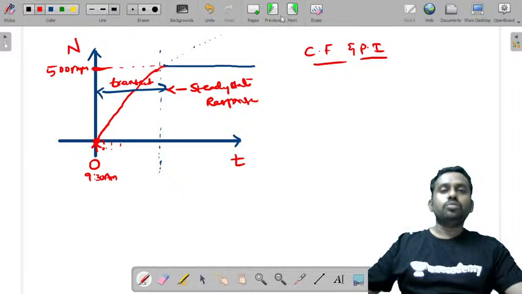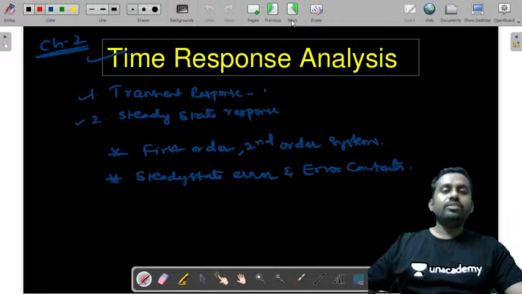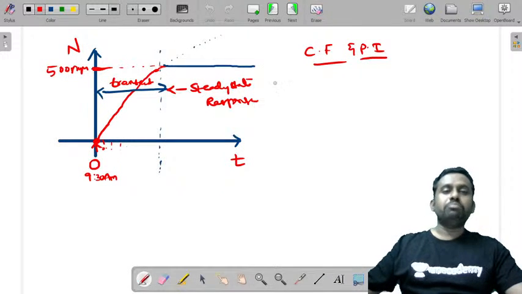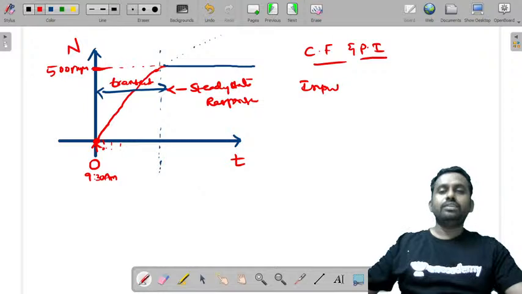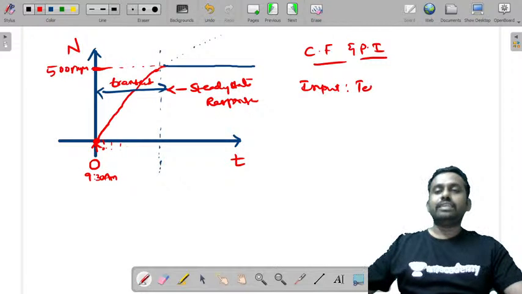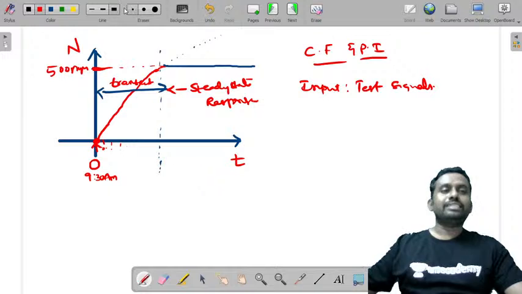All right. So now we'll see. In order to get this response of any system, you need to have some input, and those input signals are generally termed as test signals. We'll see what these test signals are.